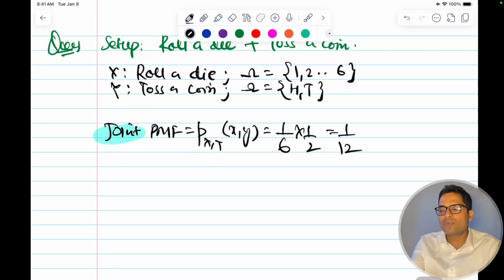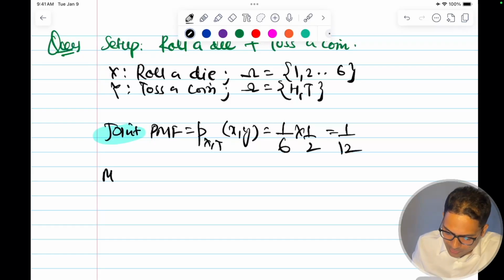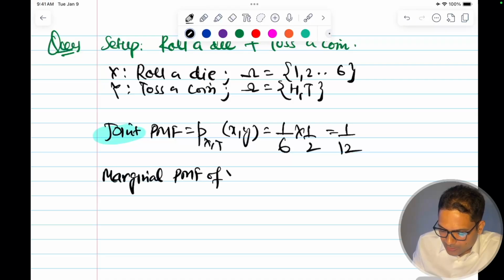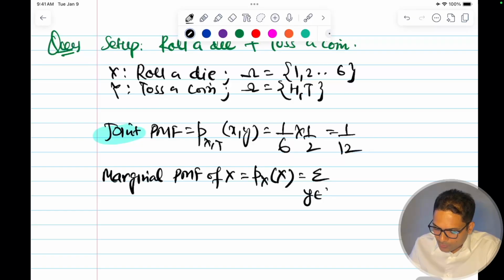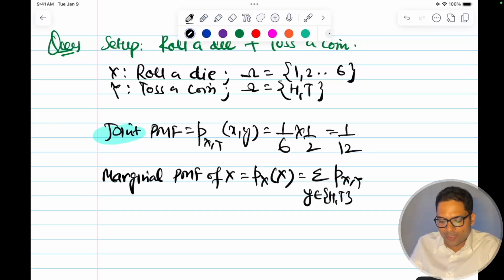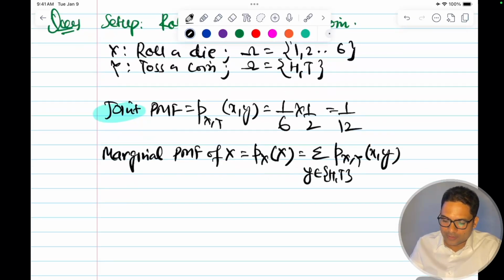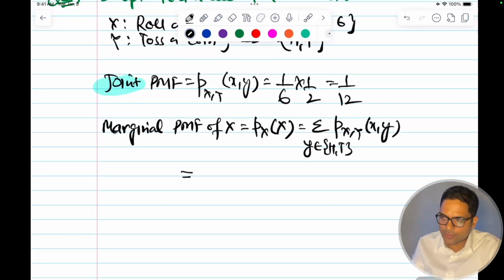Now if I want to find the marginal PMF of x from this, one more simple example. The marginal PMF of x, P_X(x), is equal to the summation over y, where y takes the possible values head and tail, that is 2 values, of the probability P(x, y).